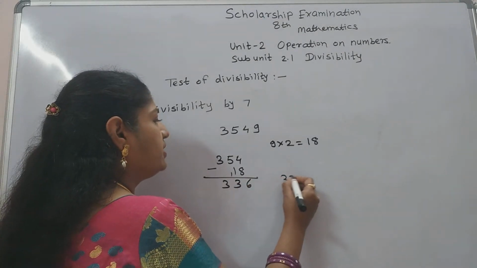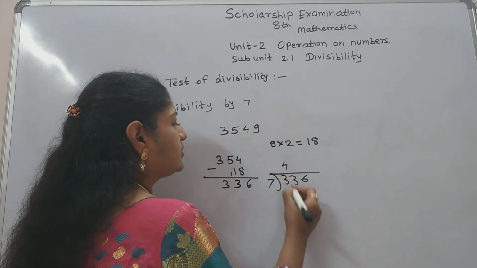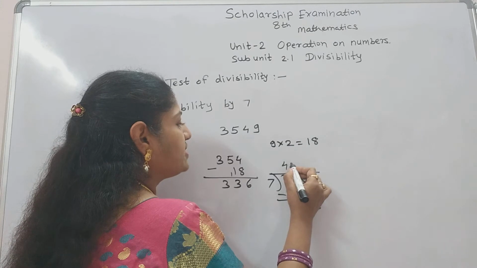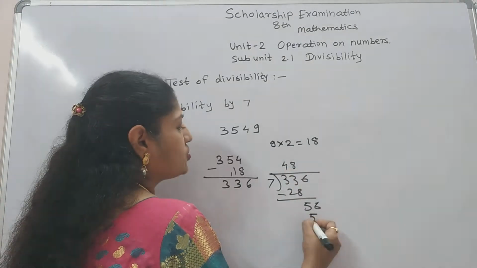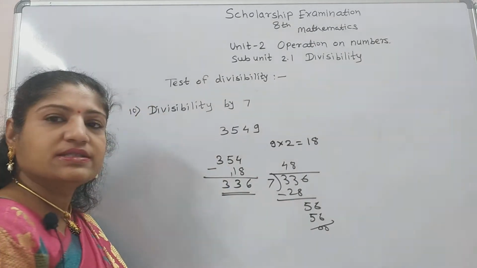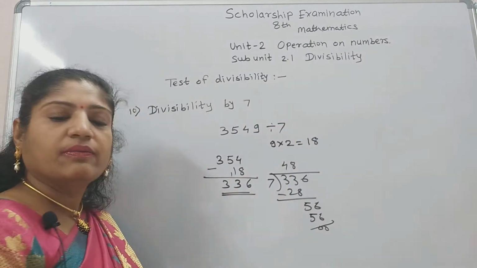We get 336, and if this number is divisible by 7, then the number is divisible by 7. So this remaining difference is divisible by 7, so this number is exactly divisible by 7.